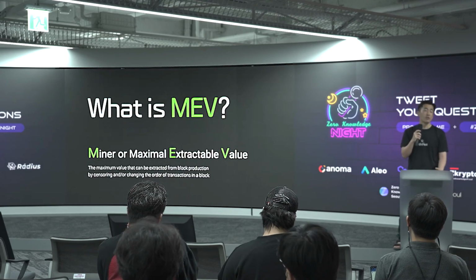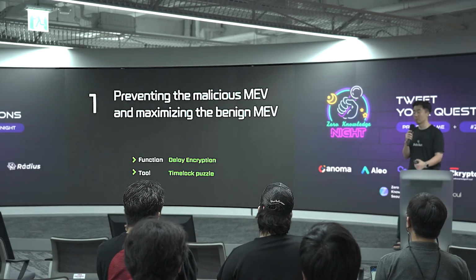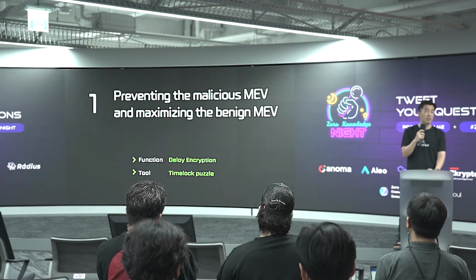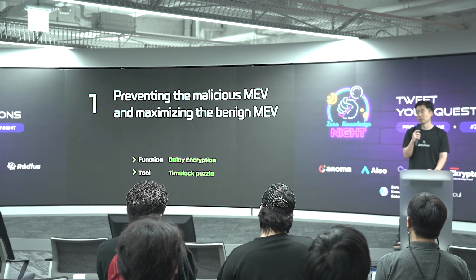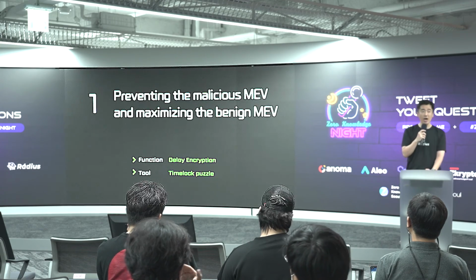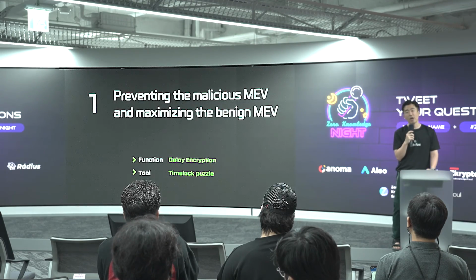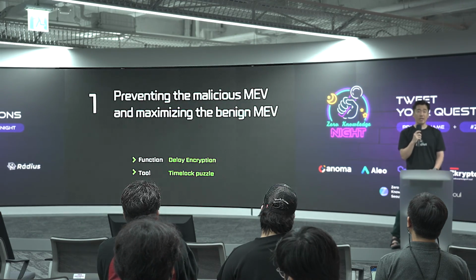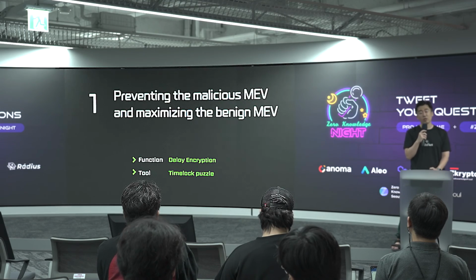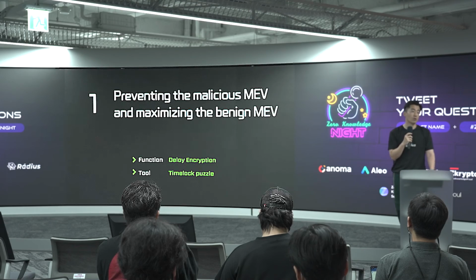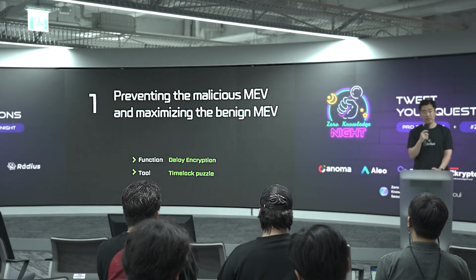So the naive solution to prevent those bad MEVs is just to encrypt your transactions. We can hide your transactions from MEV attackers by encrypting them. But the problem is that if you encrypt your transaction, the current state of the blockchain is hidden to anyone as well. So it's difficult to make any kind of transactions with unknown states.